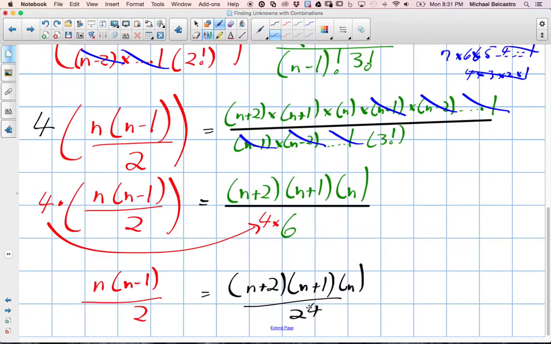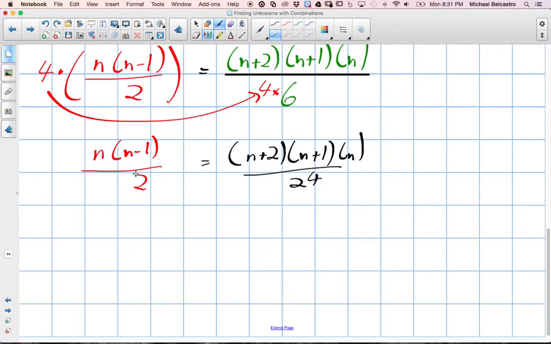Same with the number 2. I want to move this 2 over. To move this 2 over, it would multiply because it's division here. So the 2 would essentially come up here, and then we can simplify these two terms. 2 divided by 24 is just like 1 over 12.